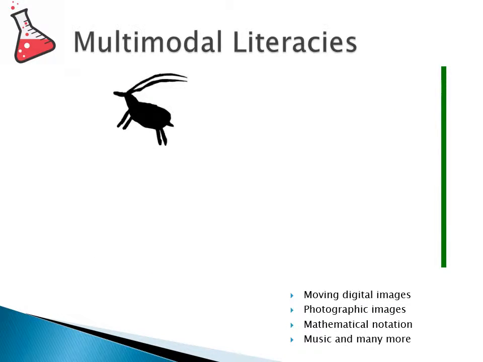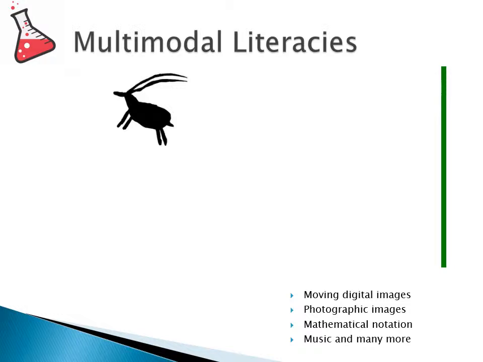The term multimodal literacy came from social and language studies. It refers to having several modes of meaning. In the social sciences, modes are socially or culturally shaped resources used for pedagogy.